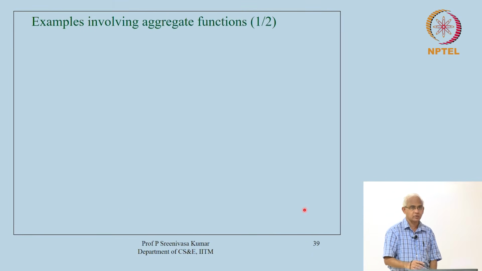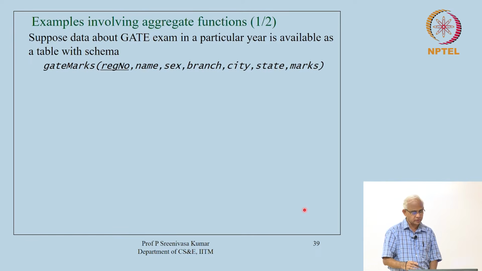Okay, so let us start looking at some examples involving these aggregate functions in order to clearly understand them. So, let us say for this discussion, let me introduce a particular relation. Let us say we have the GATE exam, the Graduate Aptitude Test in Engineering exam. Let us say the data about that exam in a particular year is available as a relation with the following schema.